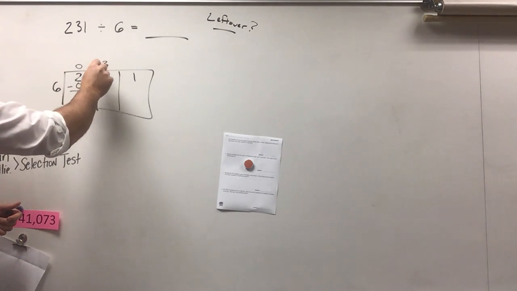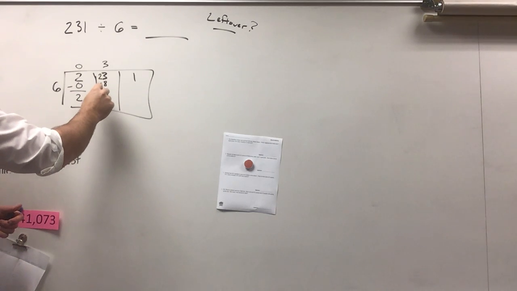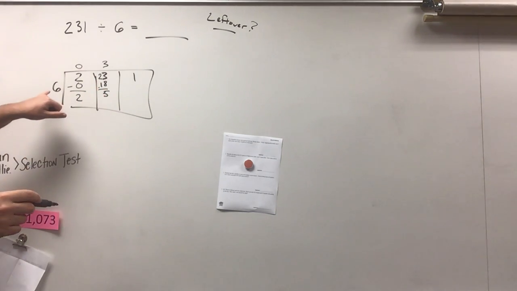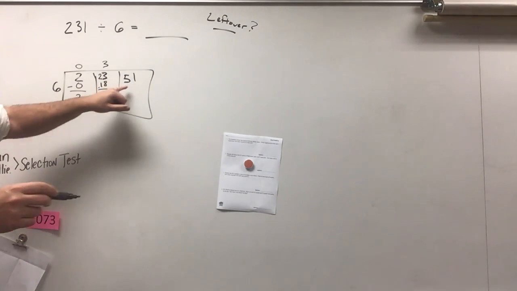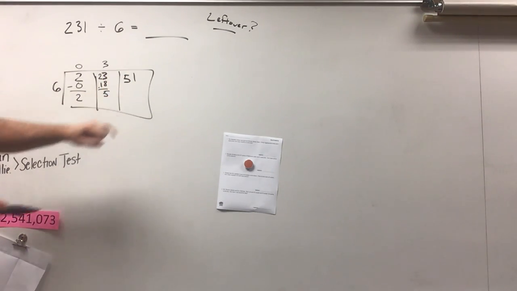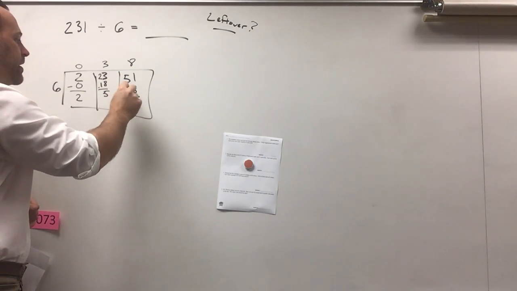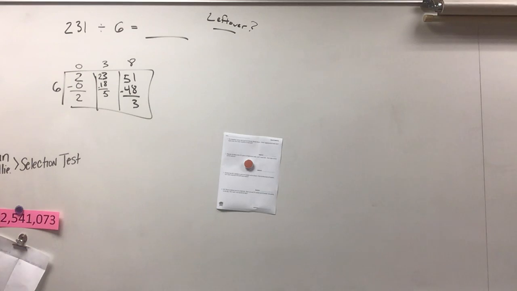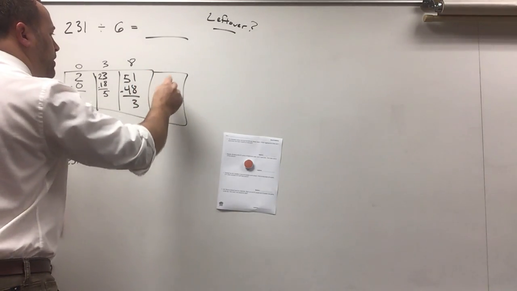Better stop there. 6 times 3 was 18, subtract to get 5. 5's good because it's less than 6. Now I bring it up. Count by 6s to 51. Well, I got 8 times, because that's 48. If I subtract, I get 3. That's my remainder.